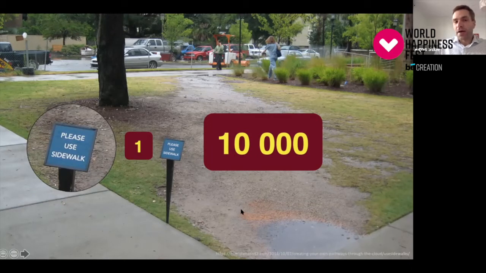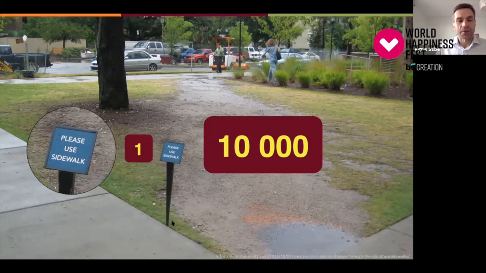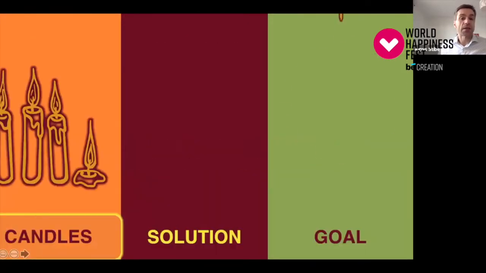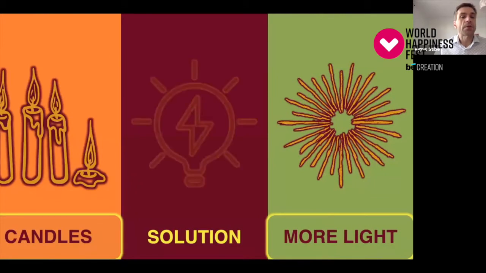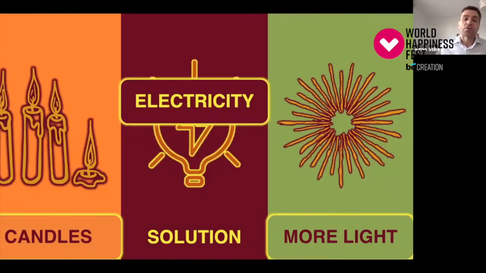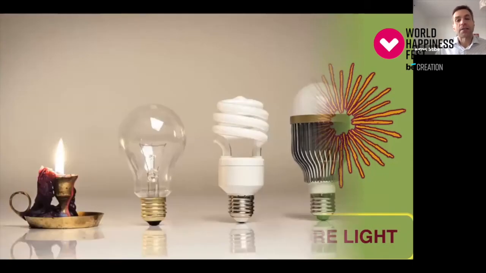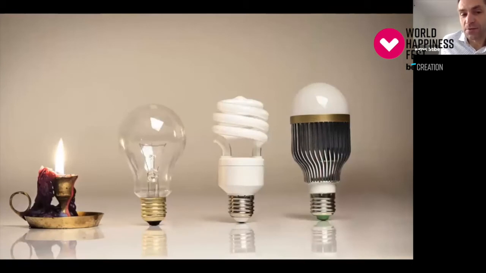So with this mindset of understanding that whatever we experience, whatever we see in mostly the urban context, is somewhat related to the behavior of other people or the creators, let's move on with this mindset in our heads and look at the other solutions that we have been able to create. For example, if we want more light, previously we had candles, and we wanted more light, so we invented electric bulbs.